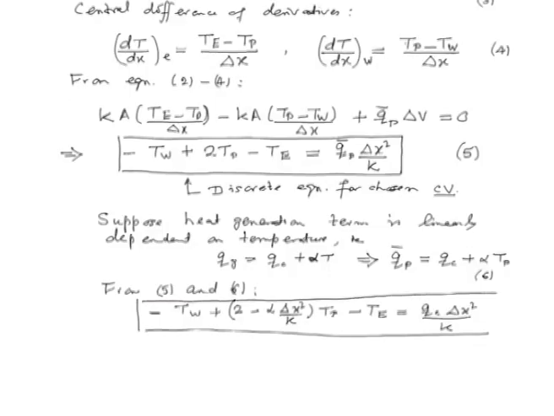So, this is the final form, a final discrete equation for a finite volume.